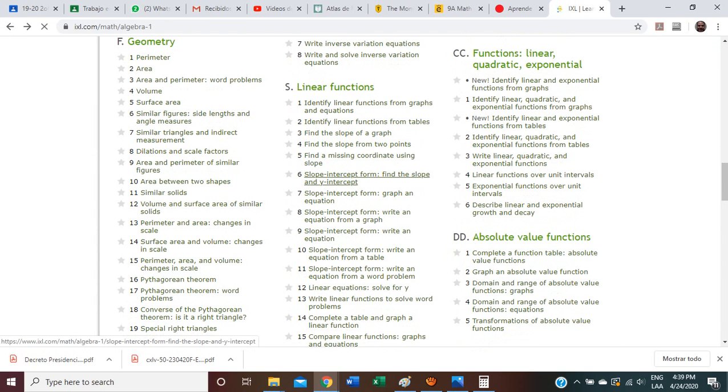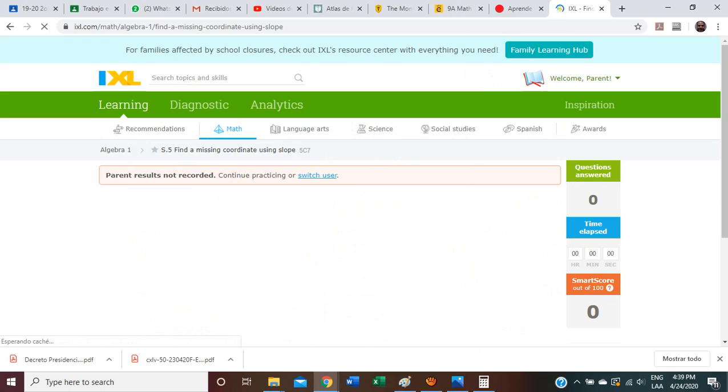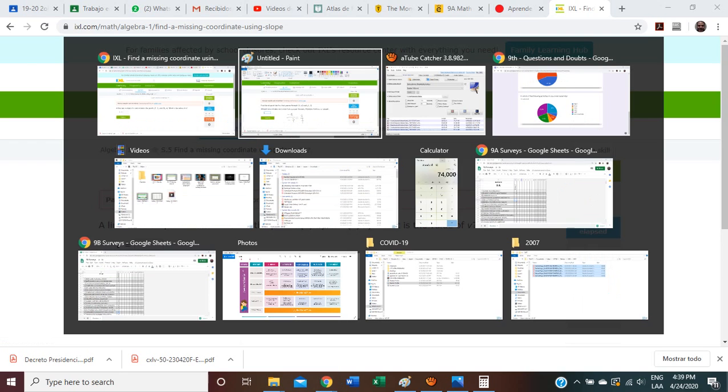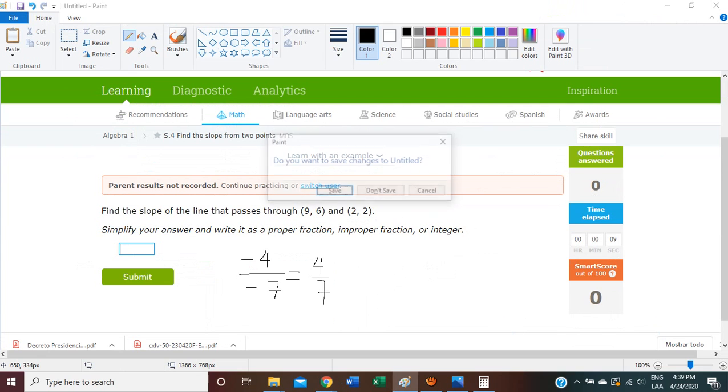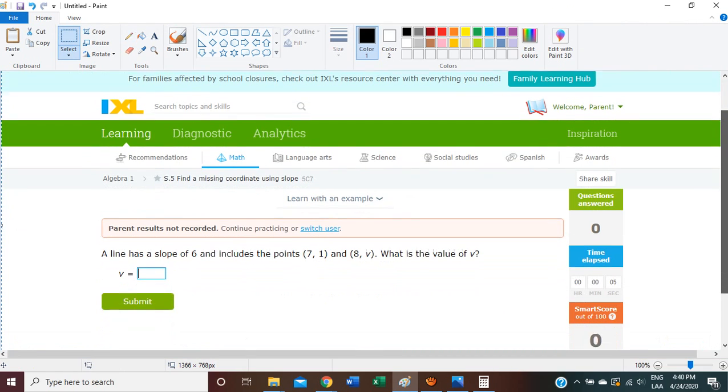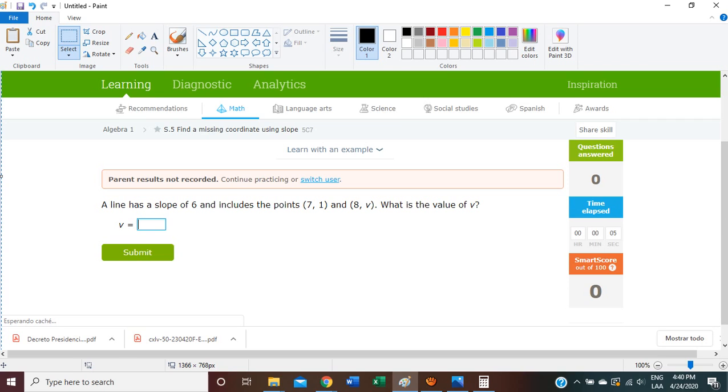Let's do number 5. Here, this is a little bit more complicated, but it's not that difficult if you pay a lot of attention on this one. All right. So we have these two coordinates, okay?